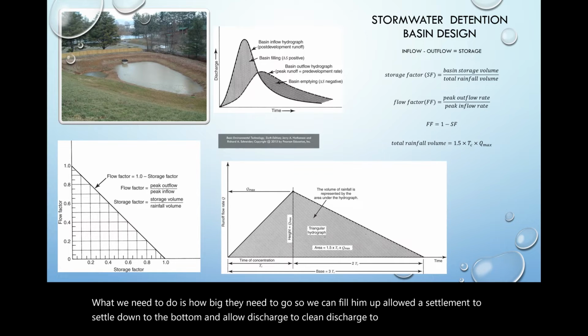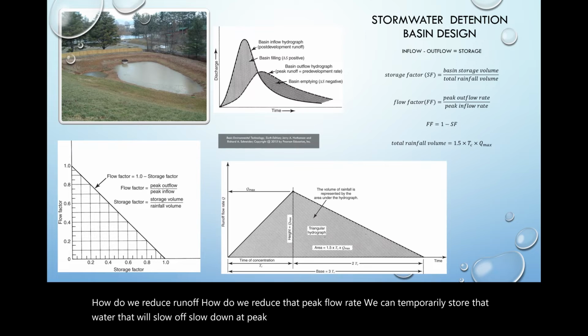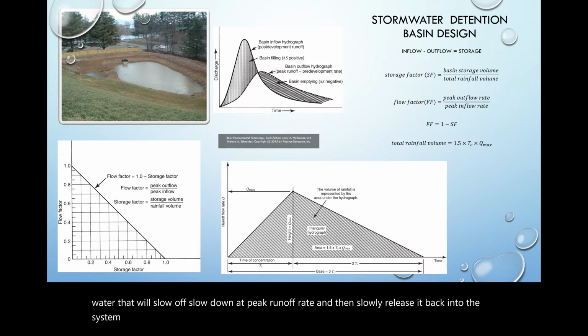Because how do we reduce runoff? How do we reduce that peak flow rate? Well, if we can temporarily store that water, that will slow down that peak runoff rate, and then slowly release it back into the system. However, that water has to be clean. So that's typically the nutshell.